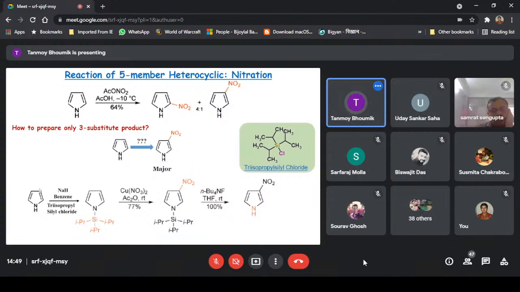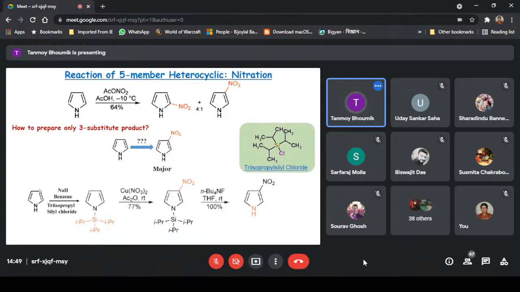So this is the tris isopropyl silyl chloride. This tris isopropyl silyl chloride is used for the protection. This is the nitrogen nitrate product, and it is not very stable; whenever you do this, it can immediately go out.